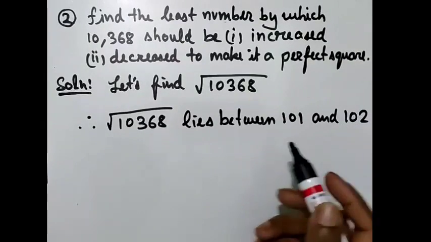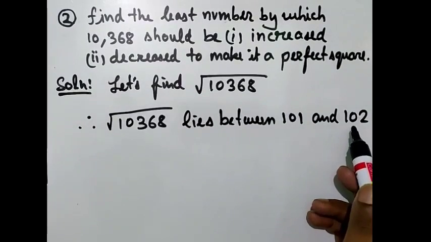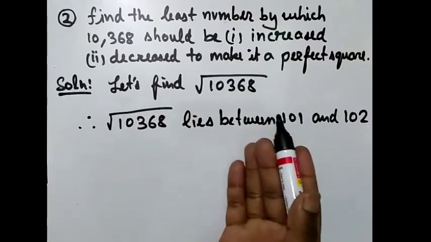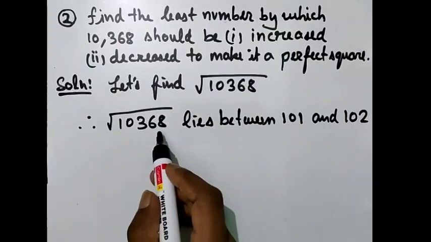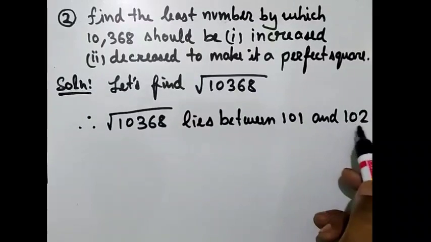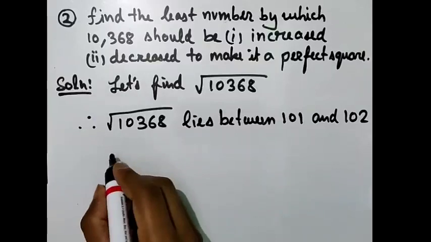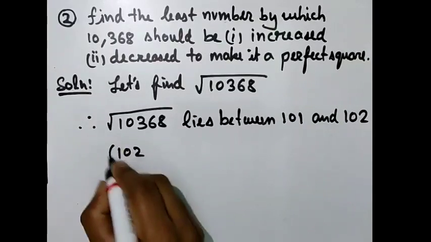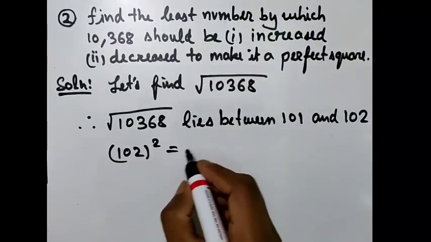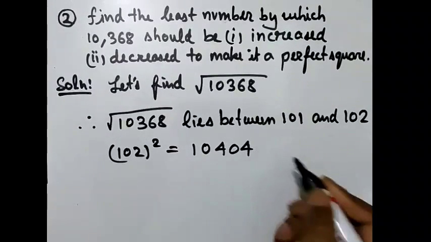So let's see the next number, because if I square 101, it will be less than 10,368. It is lying somewhere between, so we need to square the next integer, that is 102. So what will be the square of 102? 102 square will be equal to 10,404.